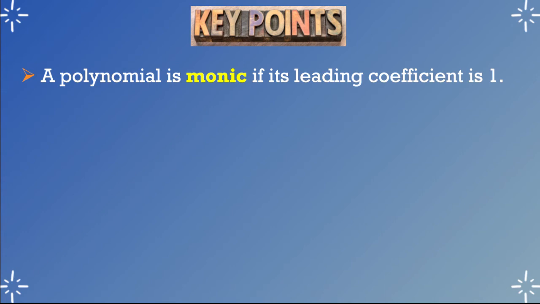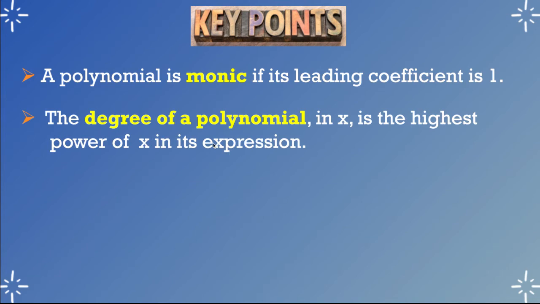So we say that a polynomial is monic if its leading coefficient is 1. The degree of a polynomial in x is the highest power of x in its expression. So that is how you get the degree of a polynomial.